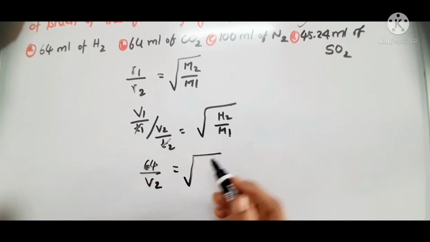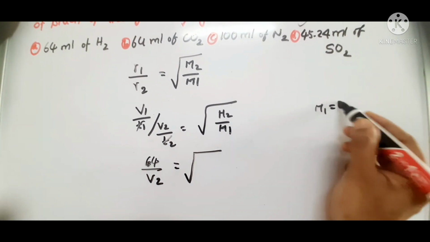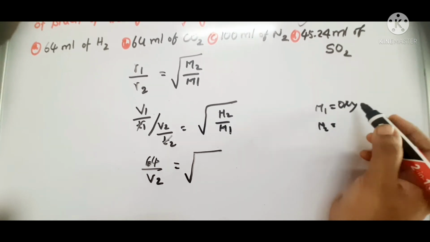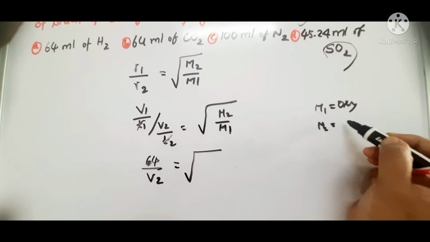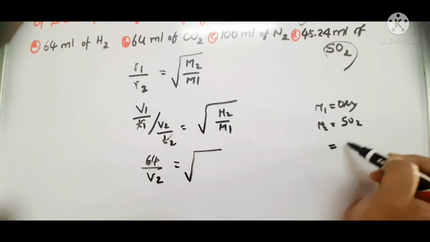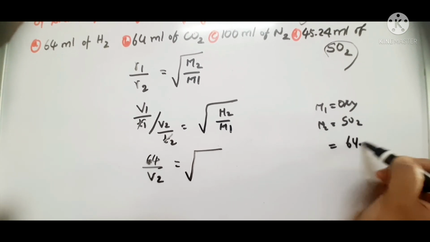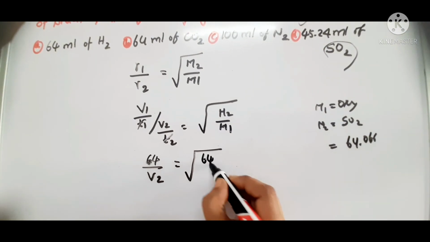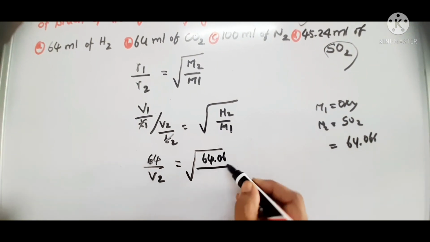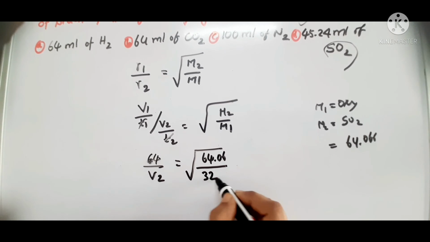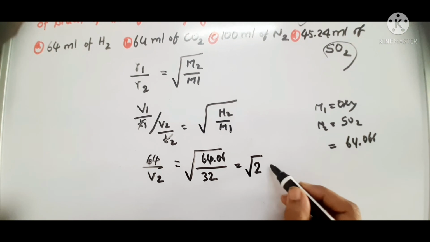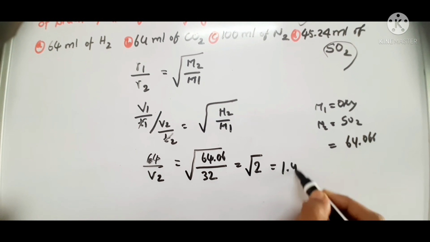M1 is equal to oxygen molecular weight, 32. M2 equal to, what is the gas? You are calculating for this one, no? SO2. So molecular mass of SO2 will be 64.066 something, right? So when you substitute 64.066 divided by M1 equal to 32, you will have roughly square root of 2, that is equal to 1.414.